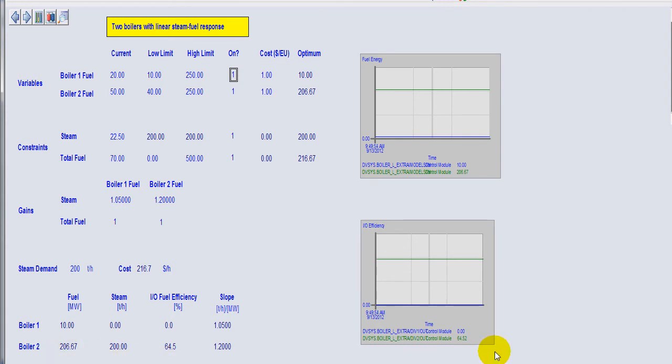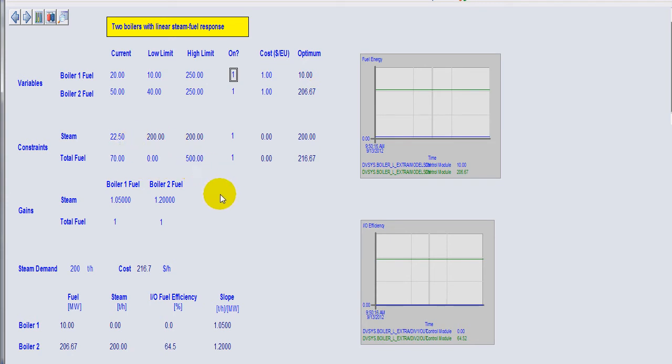This is the interface to the simulation and to the optimization. As you can see through the interface, we can determine whether a boiler is online or offline. Also, there's the optimum cost, or optimum load to minimize cost.